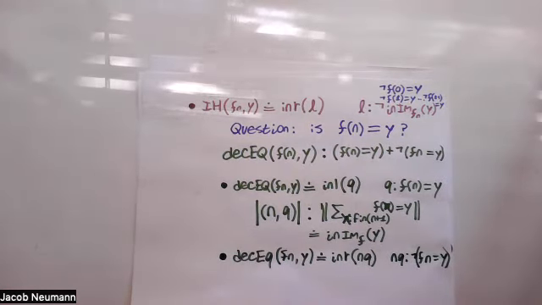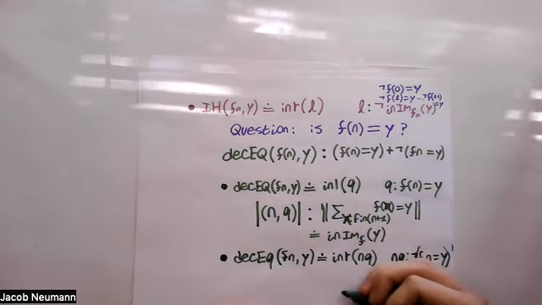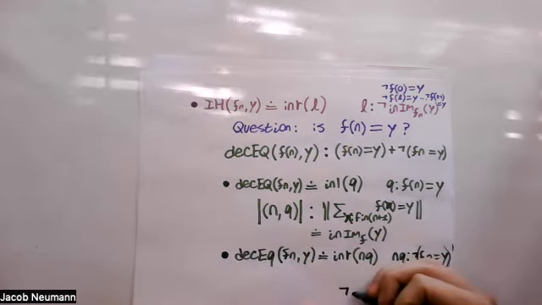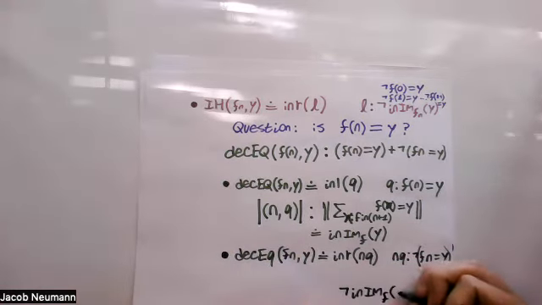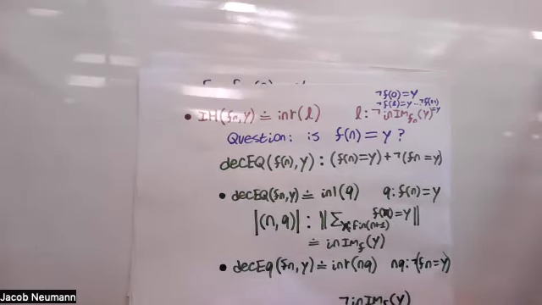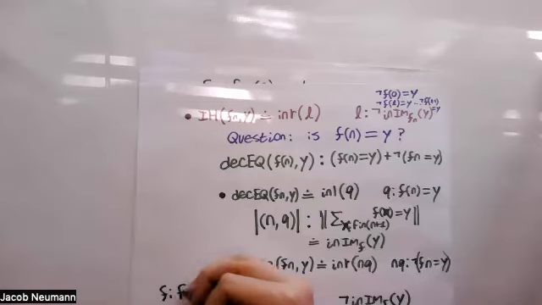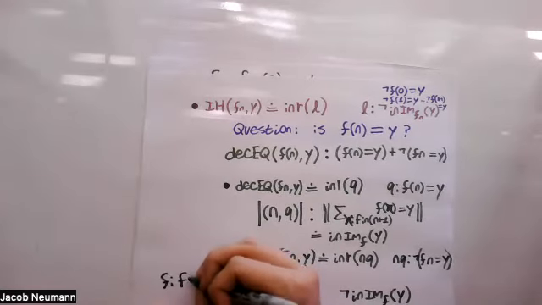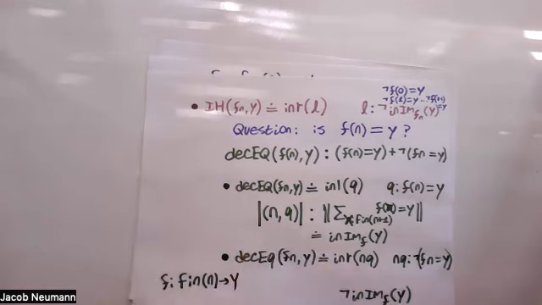And then here, what I'm going to do is prove that y is not in the image of f. The reason is that I've exhausted my domain. Again, f goes from Fin n plus 1 to y.